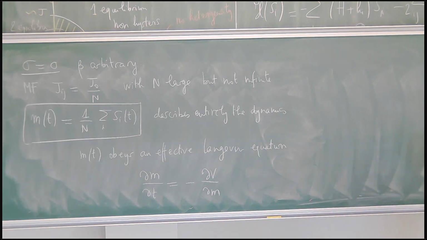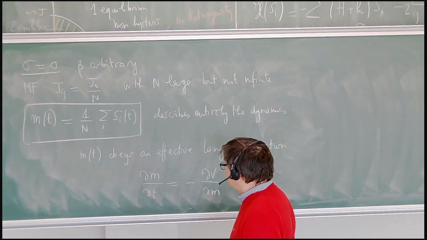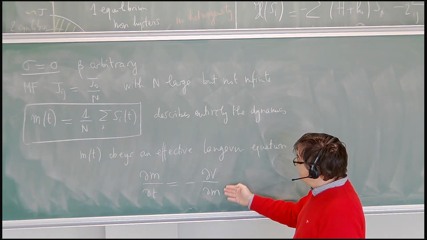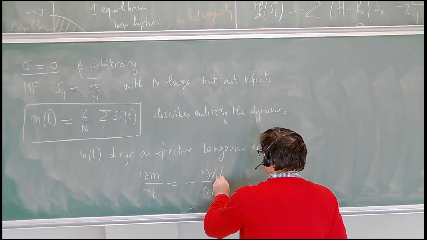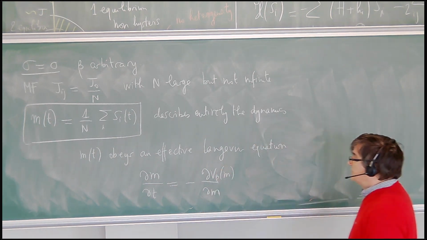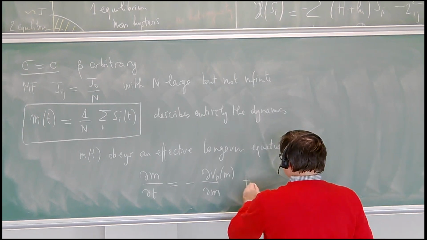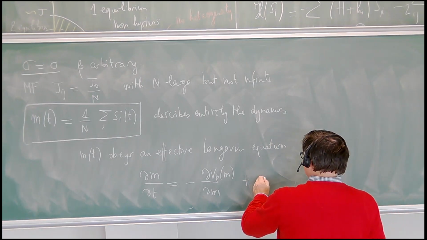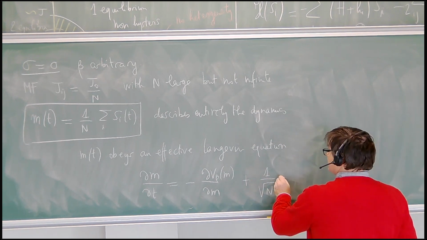So the fact that m of t obeys an effective Langevin equation means that you can think of m as the position of a fictitious particle, which evolves in a fictitious potential, which depends on m, but also depends on beta. And then there's a Langevin noise term, which is of order 1 over square root of N.